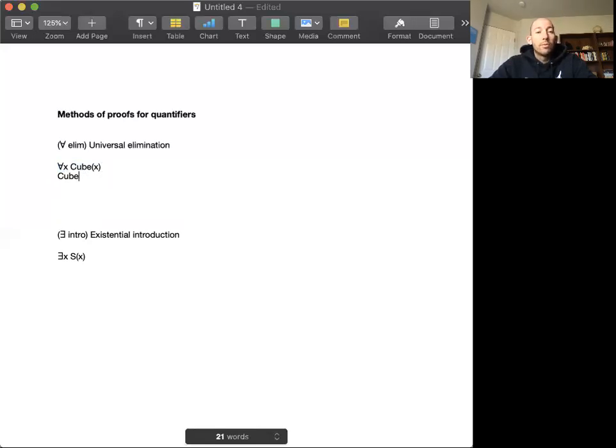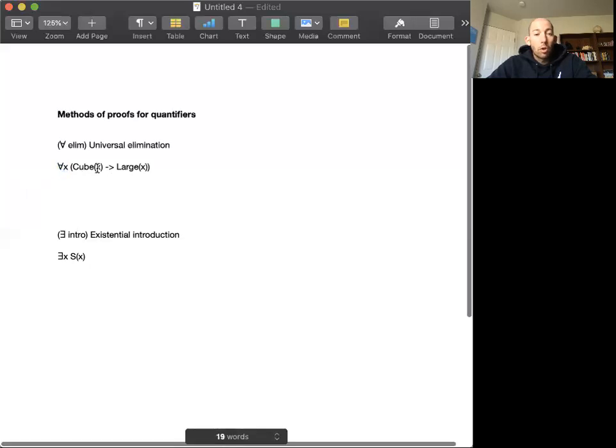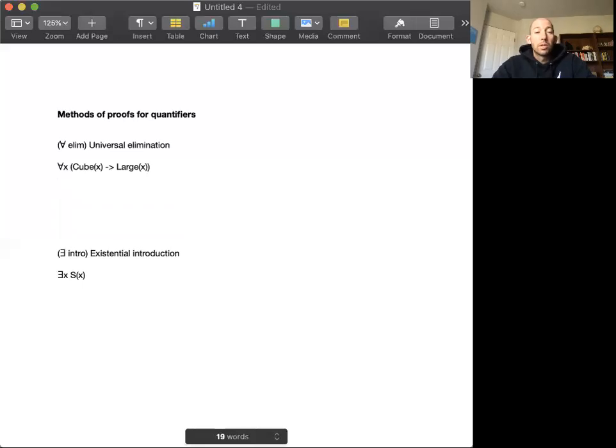That includes if this sentence is in fact some type of conditional. So suppose we have something like, for all x, if x is a cube, then x is large. As long as the x that is being bound by this quantifier out here, I replace all the instances of x inside the scope of that quantifier with the name of some object in the domain.